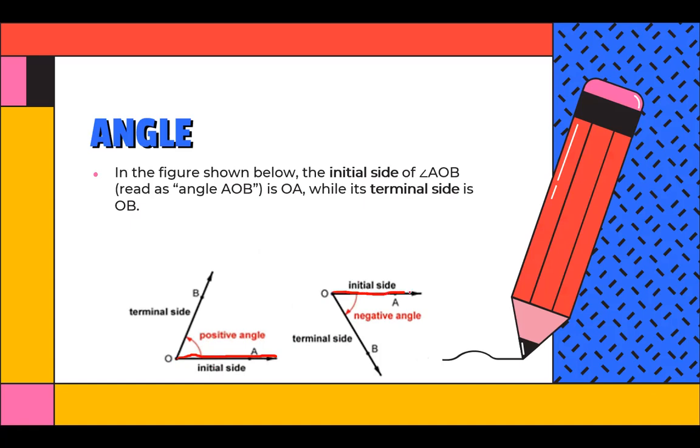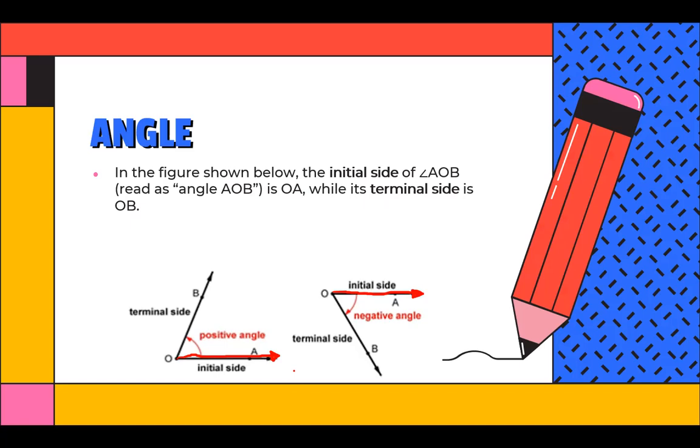Based on this term, initial means the start. It is the same with the initial side of an angle. This is the side of the angle where our angle starts from. And we have said that an angle is formed when you rotate a ray, so this is the starting point.